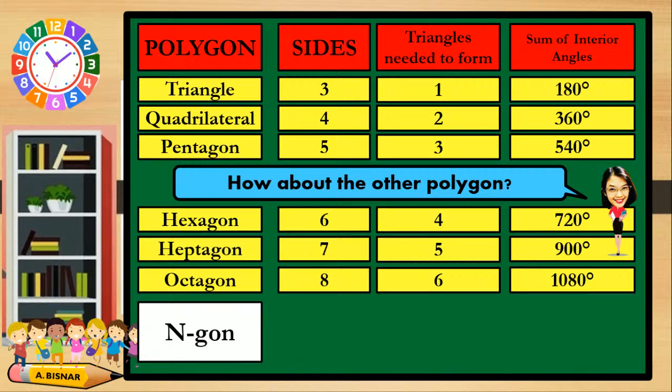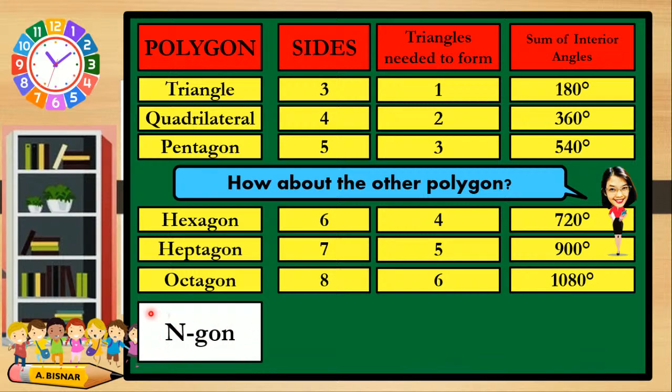So, for example, with n-gon, n means the number of sides. So, halimbawa, 20, 30, 36, 58. So, that is the representation of the polygon. N-gon. Very good, your answers are correct.